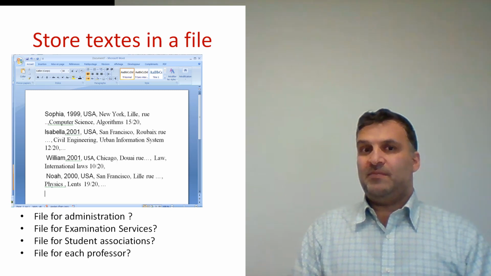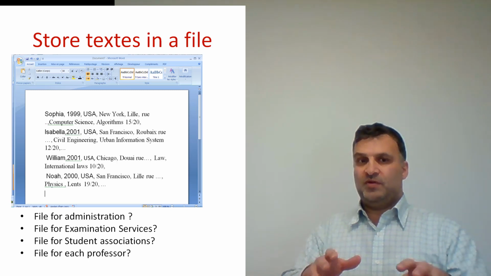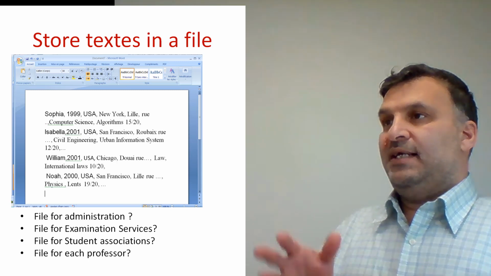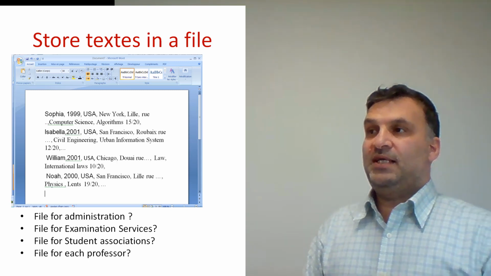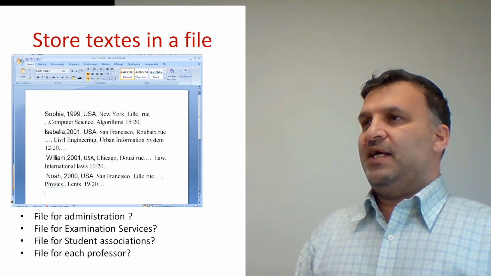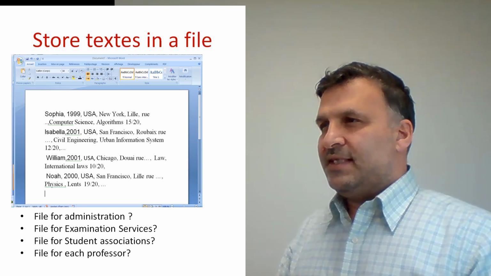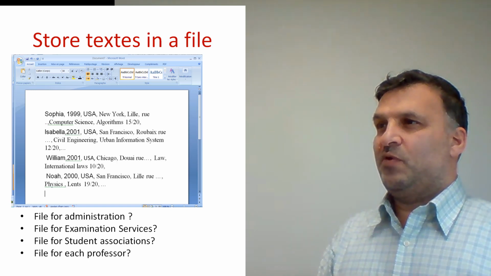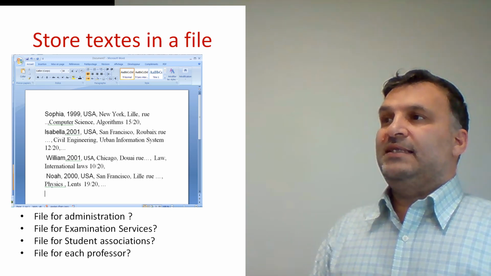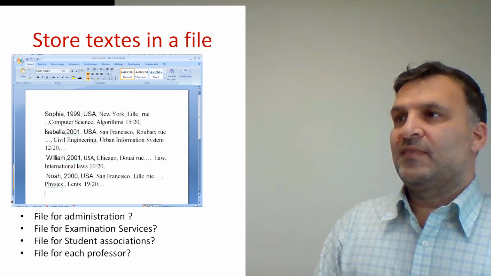Take an example of today: imagine that we put a lot of information in a Word document, for example some information related to a school. We will say that Sophia was born in 1999, is from the USA, her birth was in New York, and she now lives in Lille, at some address.